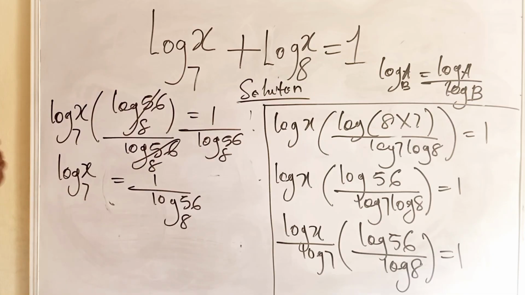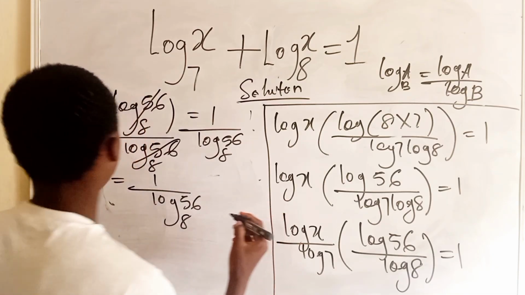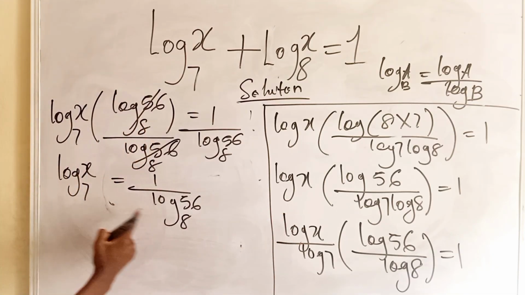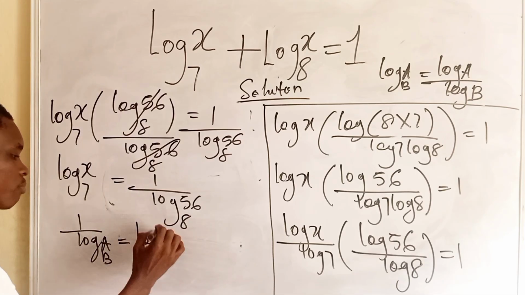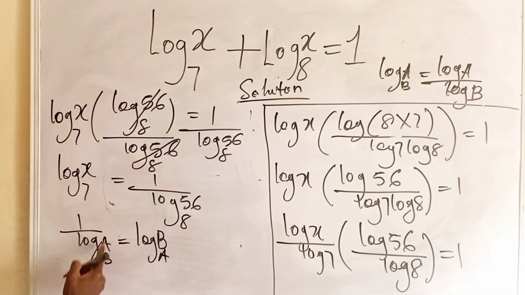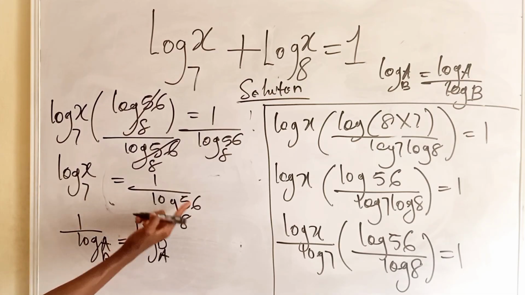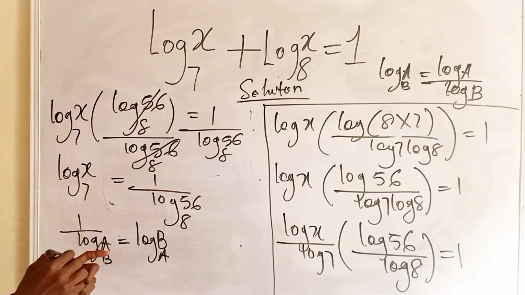All right, so we need to remember this law: if we have 1 by log a base b, if the log appears as a fraction, the log and the base interchange their position. So clearly we have that this is log b base a. So this log and the base will switch their positions.